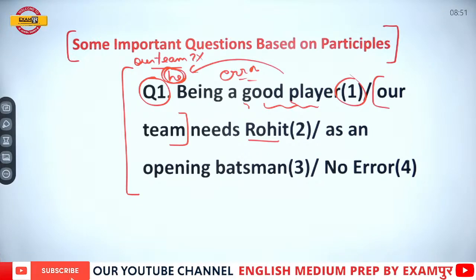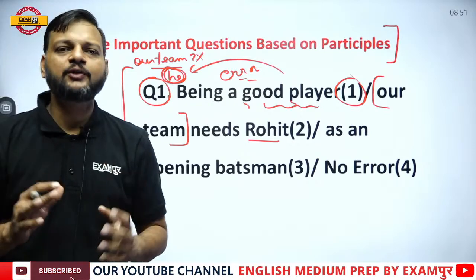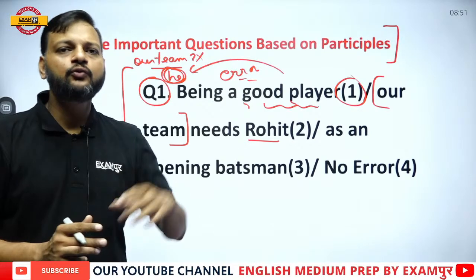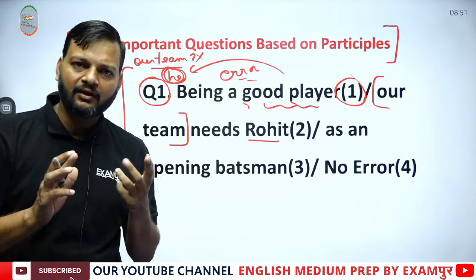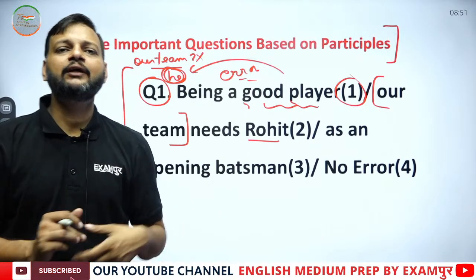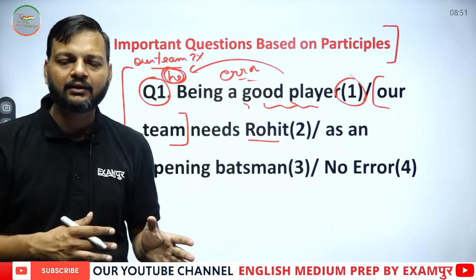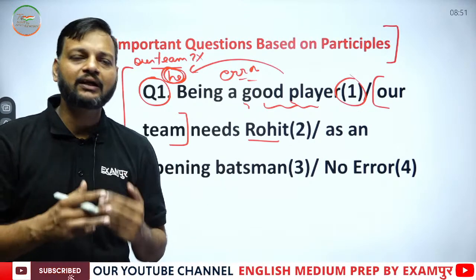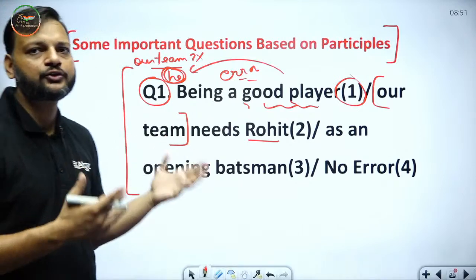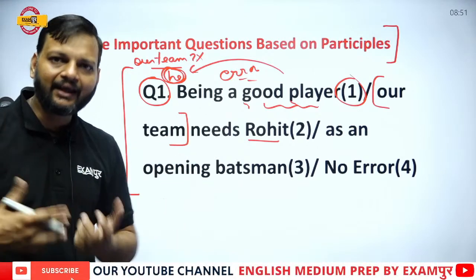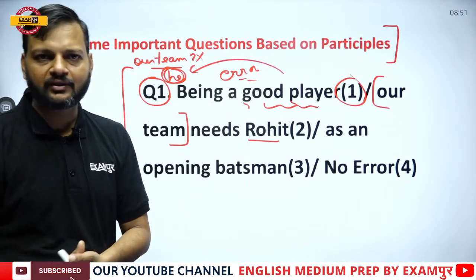Okay, so this much for today. We'll continue the same topic tomorrow. Participle is a really very important topic, so it may take 3-4 days to complete it, right? Tomorrow we'll solve some more questions based on participle, and then I'll tell you how to improve these sentences.